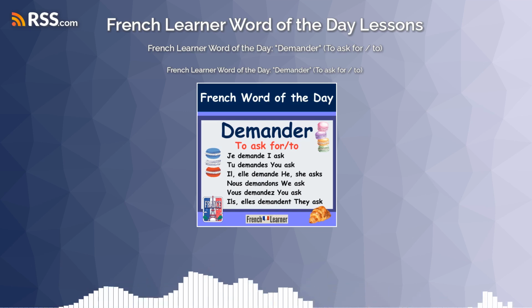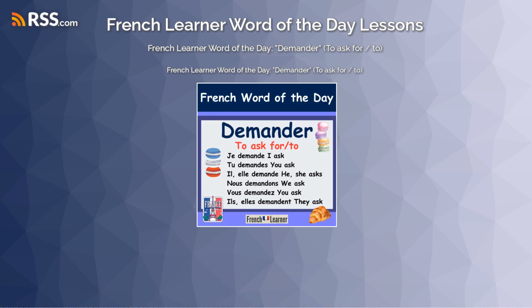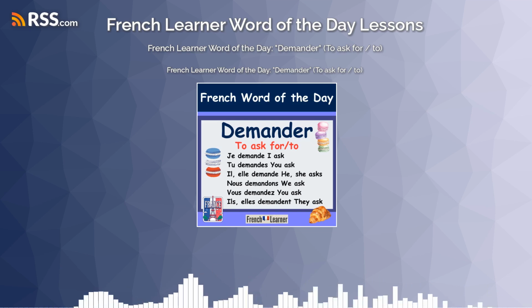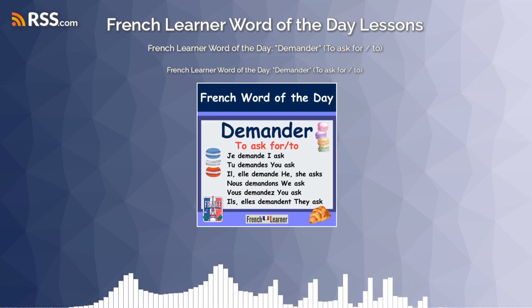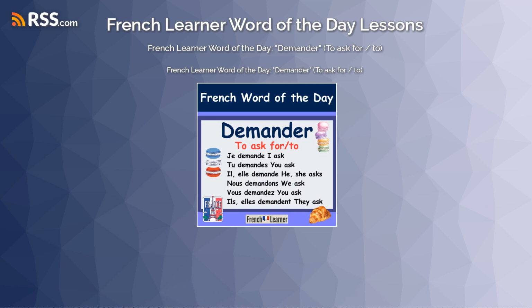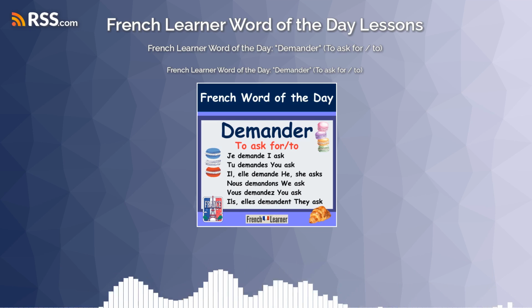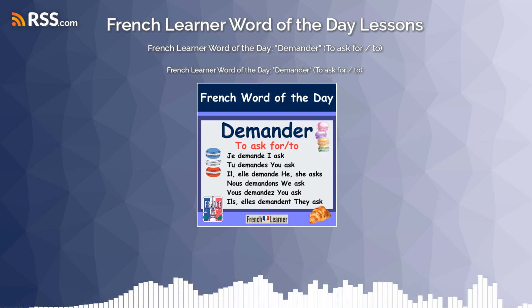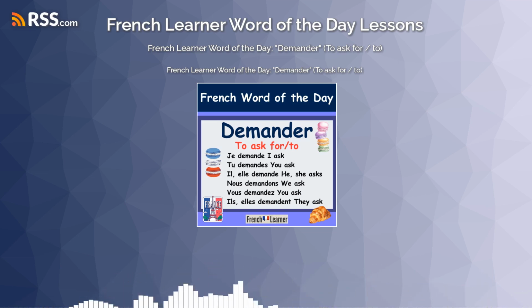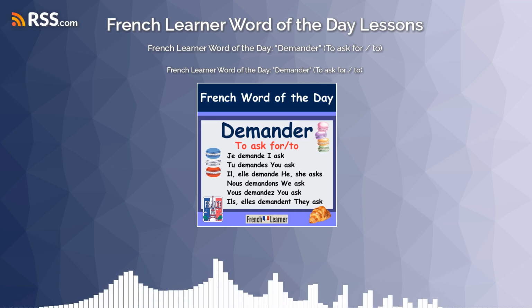Alors, on continue. En français, the verb demander can be directly followed by a direct object. So let's look at the sentence. I'm lost. I have to ask for the way. Je suis perdu. Je dois demander le chemin. So here we have je dois demander, I must ask, and then it's simply being followed by le chemin, the way.